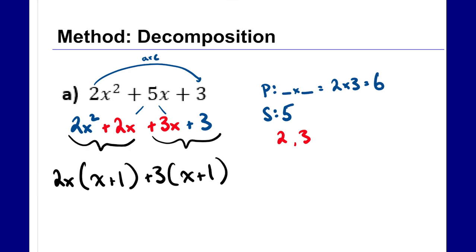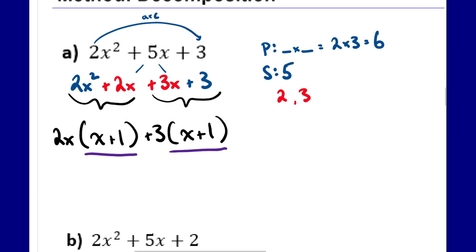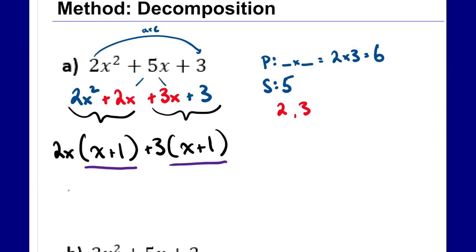Now I have something that's similar to what we've looked at previously when we common factored. I have a common bracket, so I can actually common factor that bracket out, x plus 1. And what's left over makes up my second bracket.